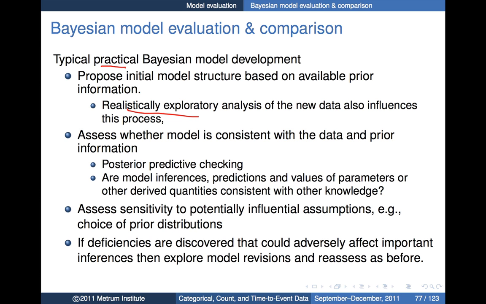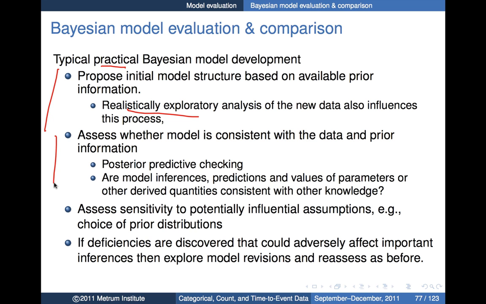That, to some degree, puts some of your formal probabilistic inferences at risk by looking at the new data at the same time as you're constructing the model, but depending upon the problem, it might not be a big risk. So you start out by proposing a model.